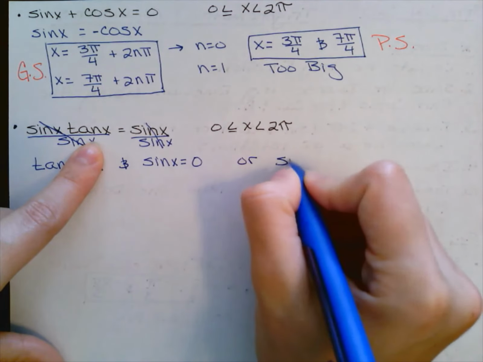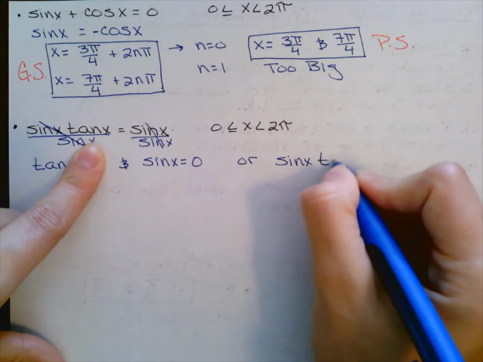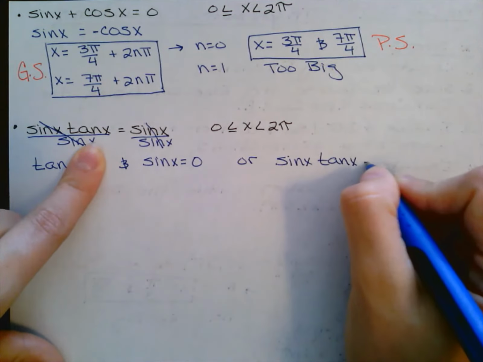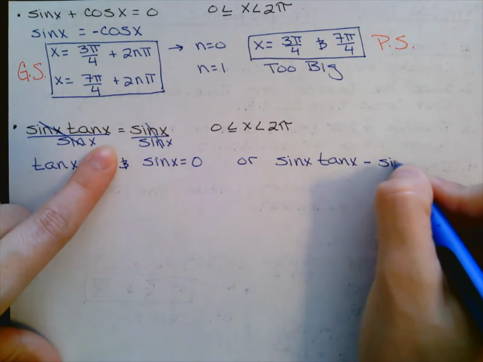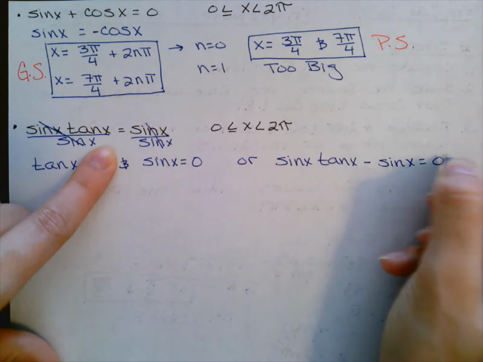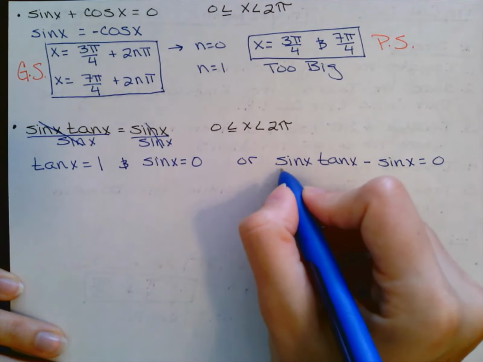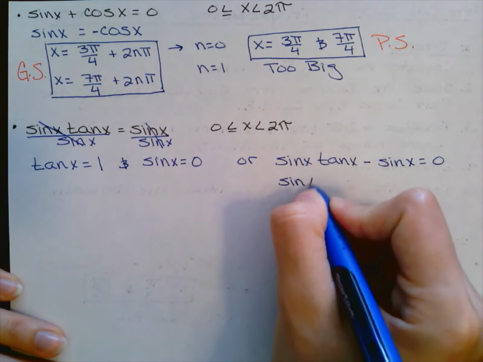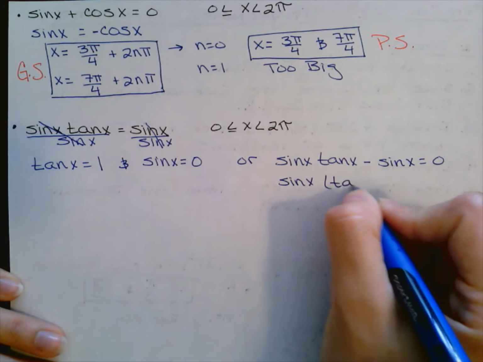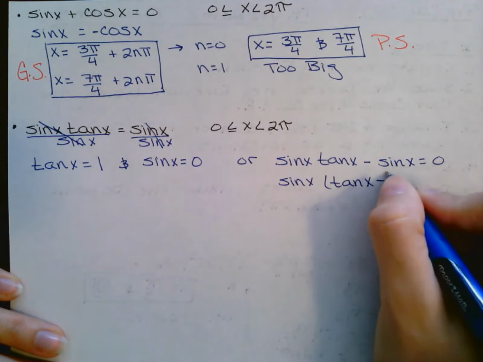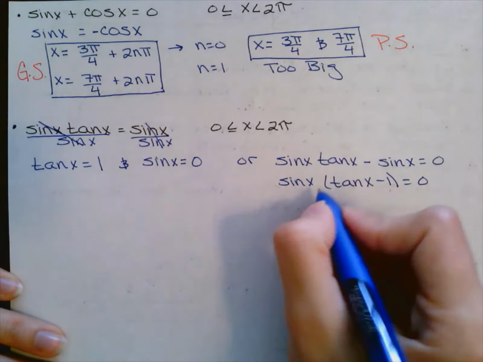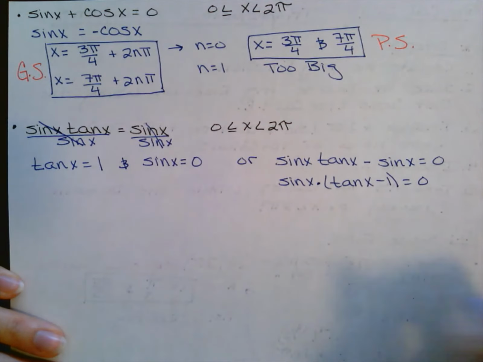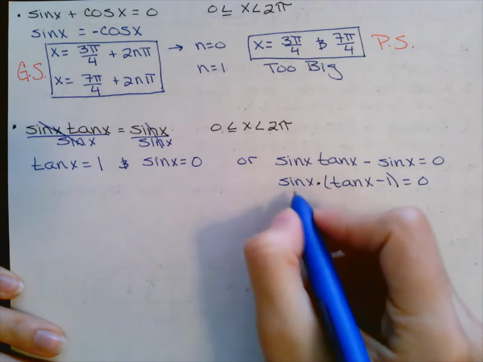So I have sine of x times tangent of x, subtracting this sine to the left, equals 0. At this point, there's a sine in both terms, so I can factor out that sine and say tangent of x minus 1 equals 0. Whenever 2 values are being multiplied, you can set each of them equal to 0.